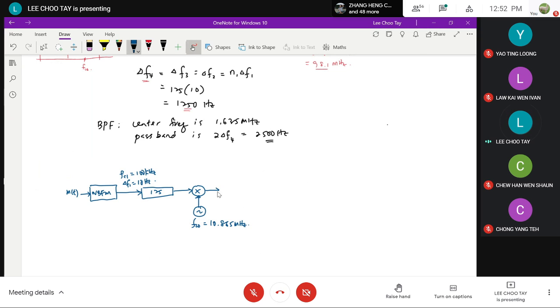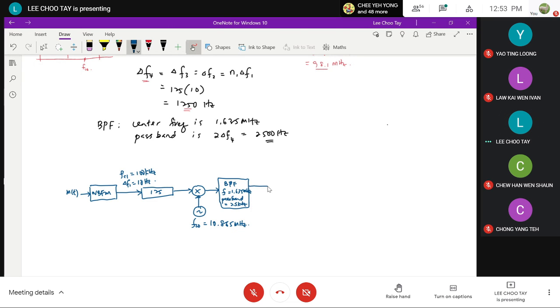Then it goes through a bandpass filter where the center frequency is 1.635 megahertz, and the pass band is 2.5 kilohertz.